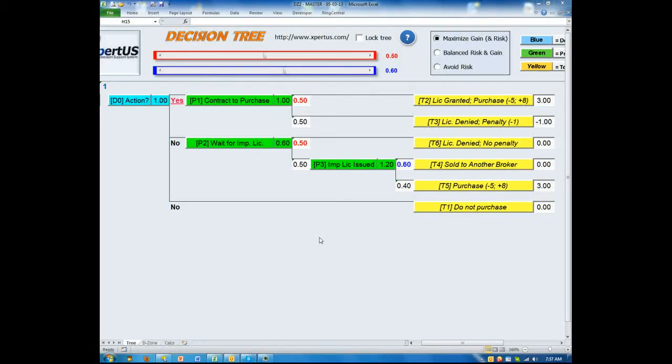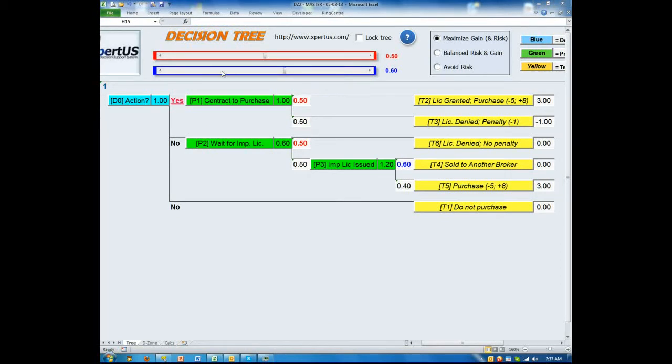Here we have the decision tree model of George Zandu's problem. He has 2 choices: contract to purchase or wait for import license. I want to draw your attention to the 50% chance of the license being granted, and also the 60% chance that this would be sold to another broker.